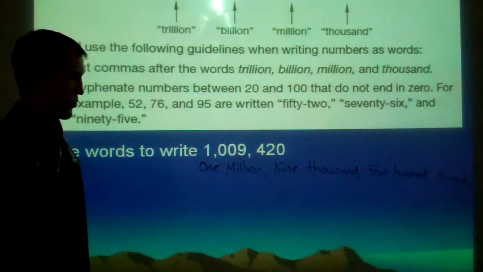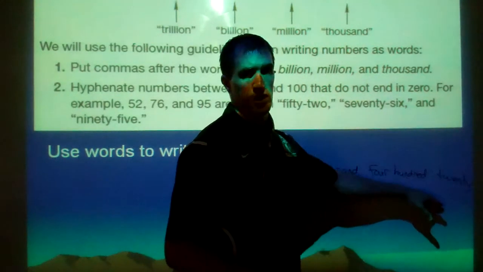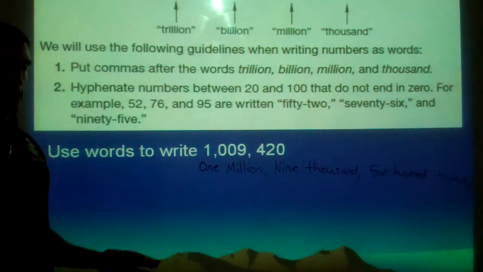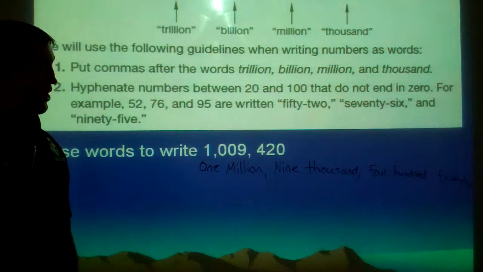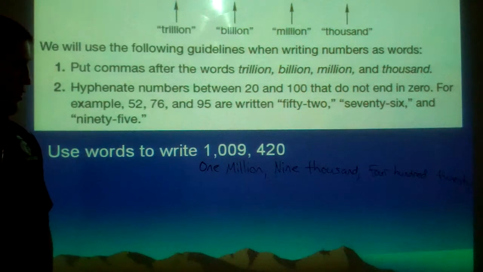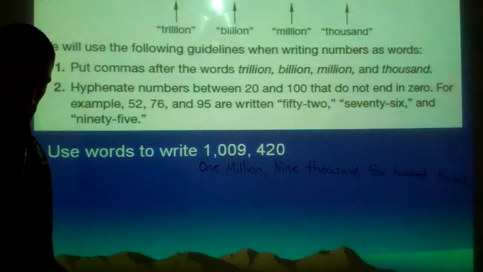A lot of my students wanted to put "and" in there. Not necessary, you don't need to put the and in there. It's better if you don't, because and will come into play when we talk about decimals. So 1,009,420, that is how we write that out in words.